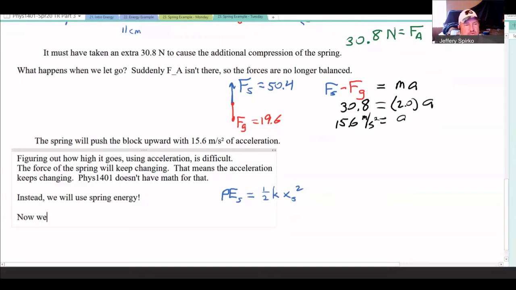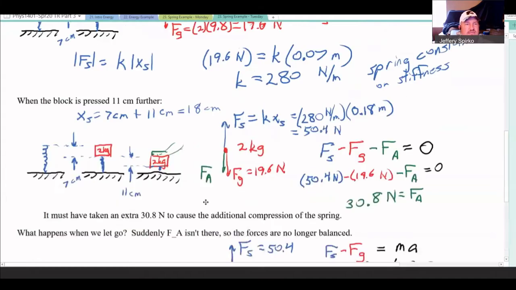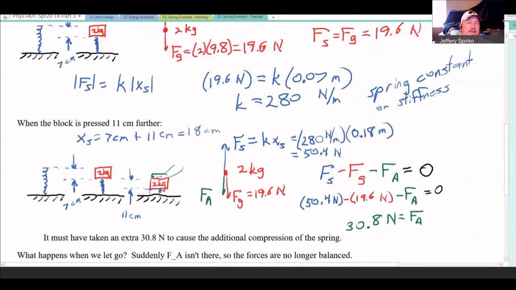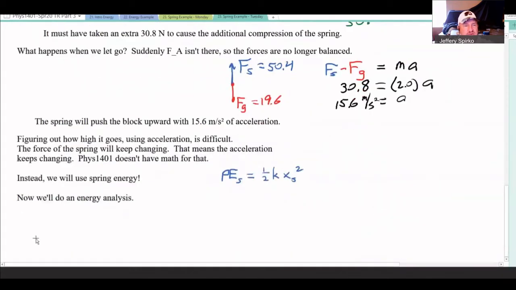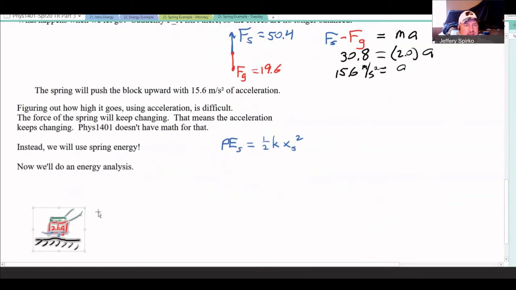So now we'll do an energy analysis. And we'll still have these diagrams. Actually, we're going to have 2 diagrams that are important to us. We're going to have this one. I'm going to grab that and move it up here. There we go.